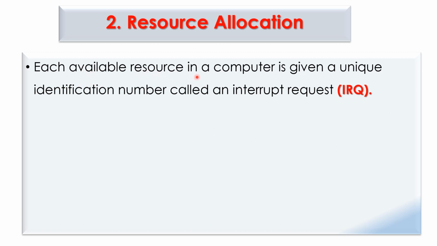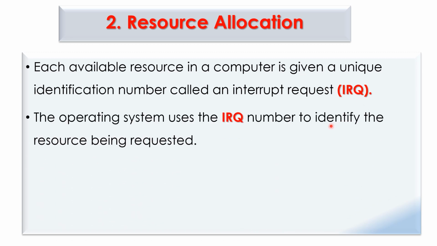Each available resource in a computer is given a unique identification number, which is called an interrupt request, IRQ. So remember this. The operating system uses the IRQ number to identify the resource being requested. So there we see resources that are available in the computer, and each is given this identification number. The OS uses that IRQ number to identify the resources that are being requested in the computer.